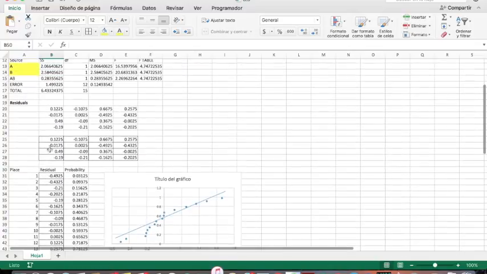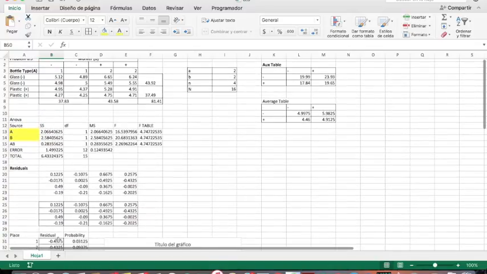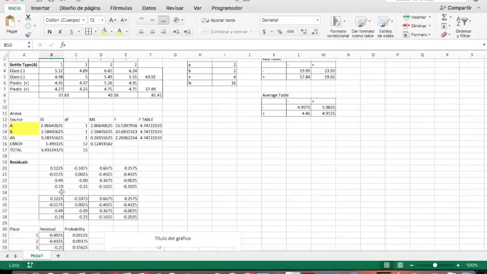And then we need to choose the residuals that are only from the glass, which are gonna be these ones.